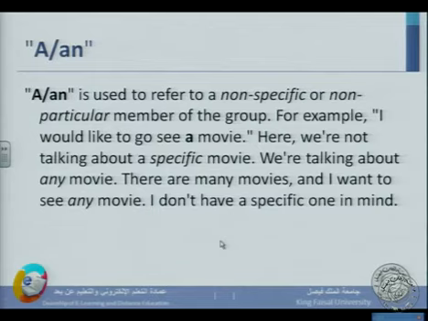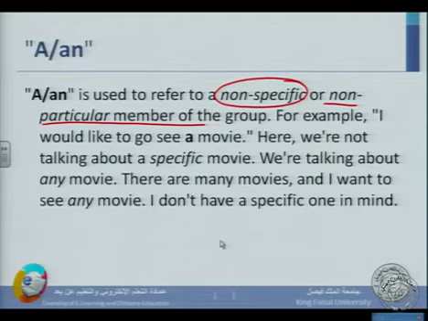A and an are used to refer to a non-specific or non-particular member of the group.